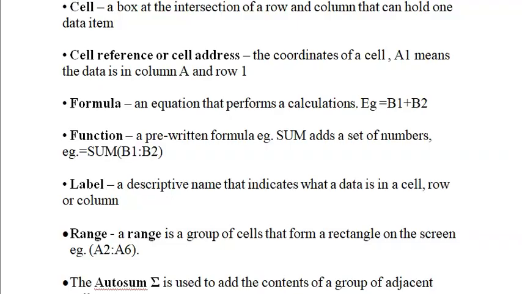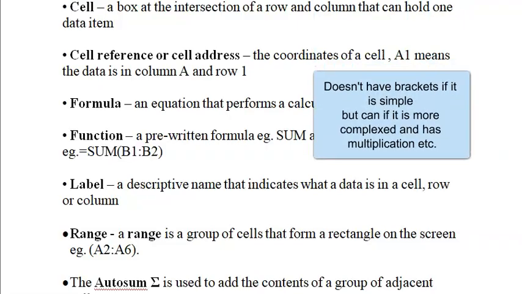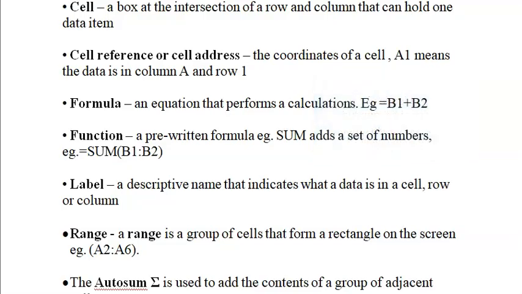It says example, sum. The sum function adds a set of numbers. So how do we write that function? Equals SUM and the range, open bracket, B1 to, that colon meaning to, B2, close bracket. So the formula doesn't have any brackets, but the function carries brackets. And the function will normally have words along with it. The words that you're writing, sum, max, min, average, etc., those are functions. So function carries the words.